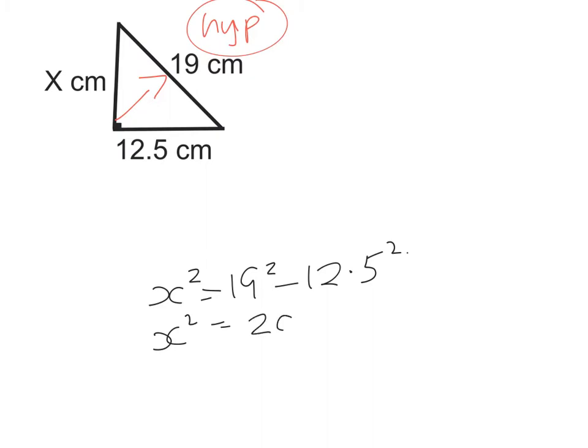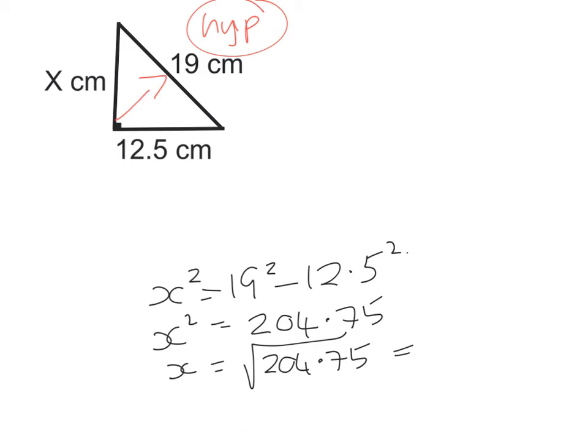That's given me an answer of 204.75. X then is going to be the square root of that. And remember, once I've got my square root sign, I don't have my square anymore. And if I do square root of that on my calculator, I get a value of 14.3 centimetres. Now, that is a shorter way to do it, but is essentially the same as the previous way. What I would have done ordinarily is labelled side 1 and side 2.